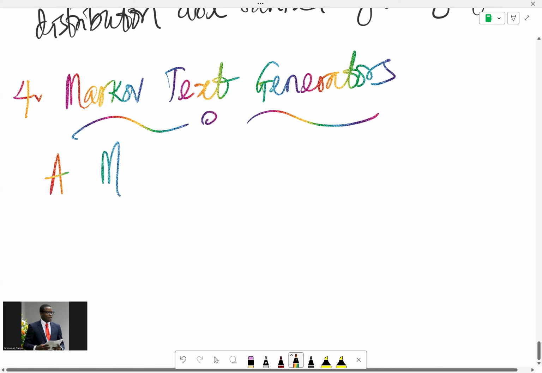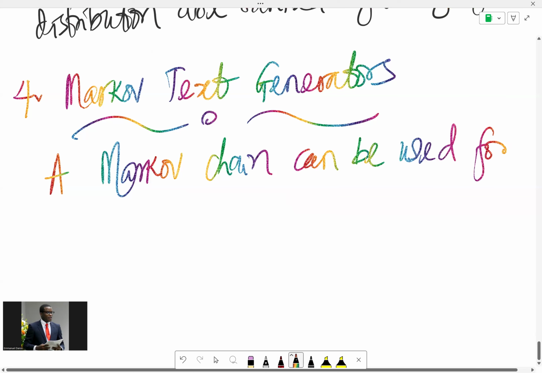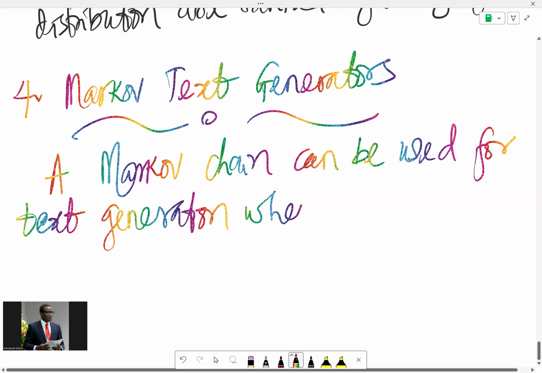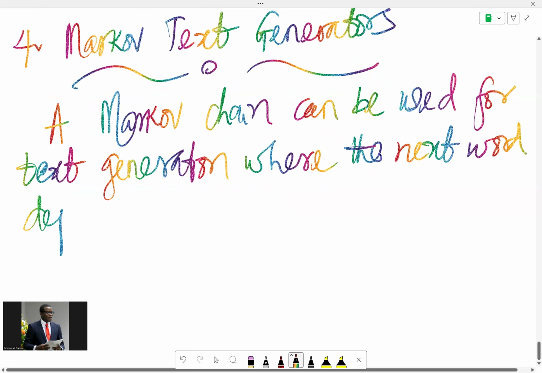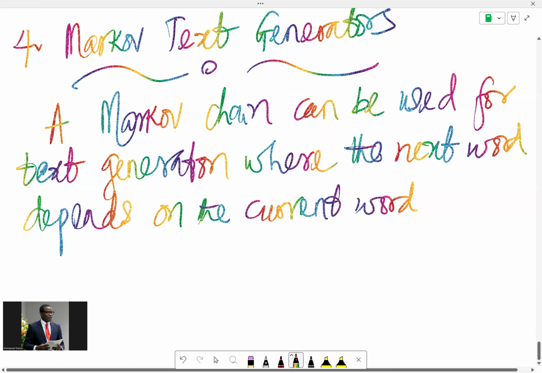So a Markov chain can be used for text generation, where the next word depends on the current word. So you can see where the whole idea of predictive text comes from when you're typing on your phone.